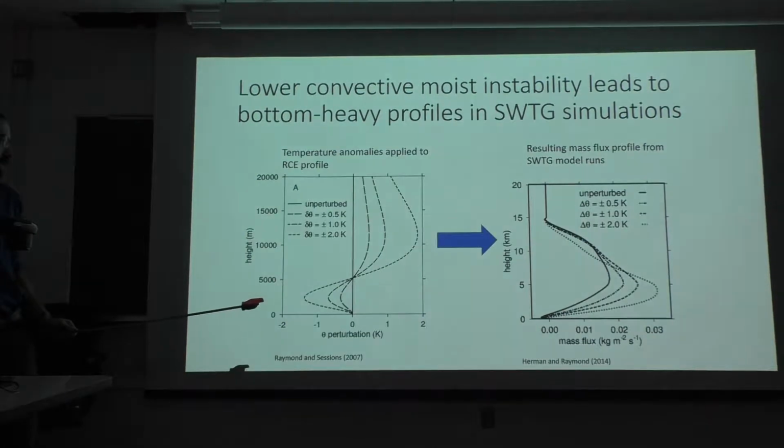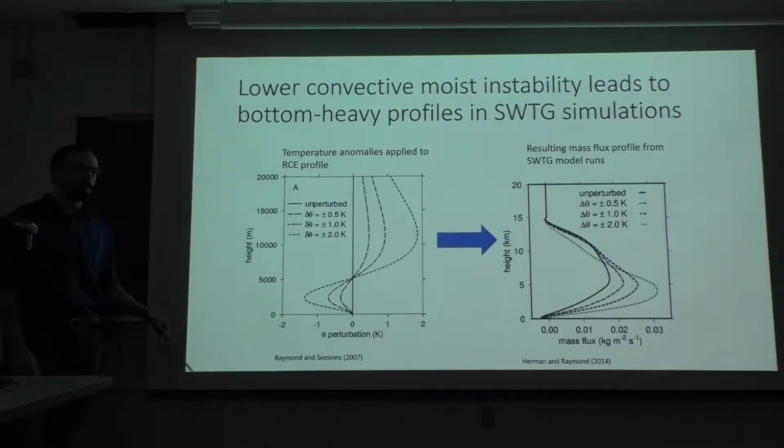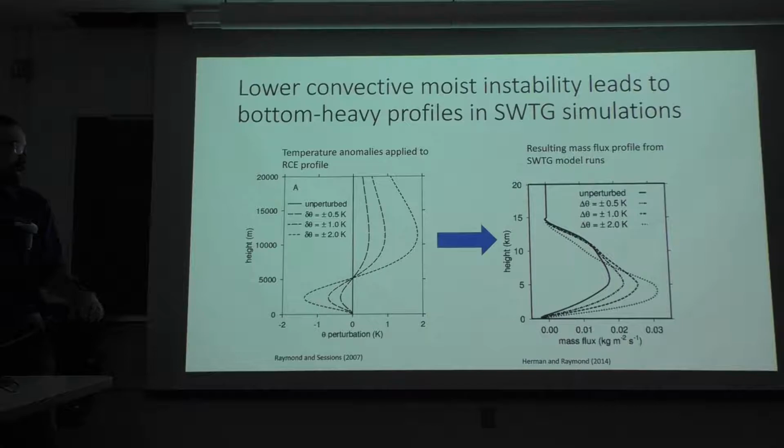So now on to the second explanation, which is essentially that the stability of the column is important to the bottom-heavy convection. Here on the left are temperature perturbations that were added in SWTG simulations that are very similar to the ones we ran. The difference being those ones were two-dimensional and had constant wind and a different interactive radiation scheme.